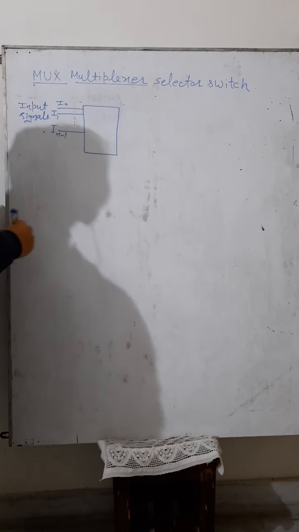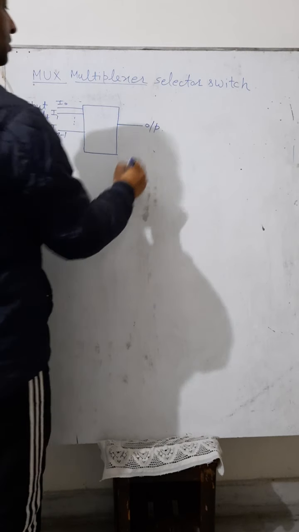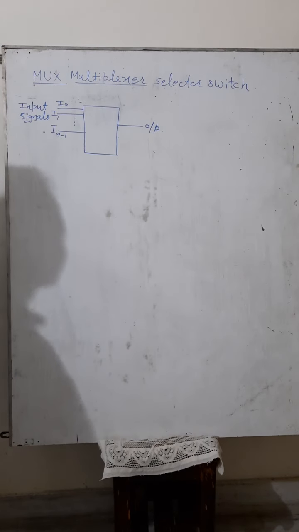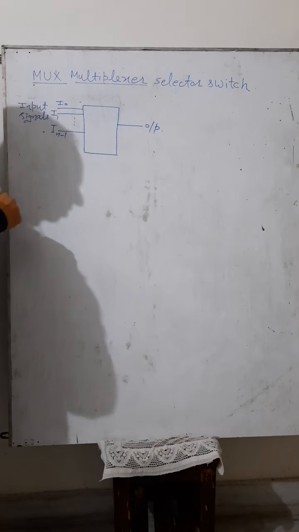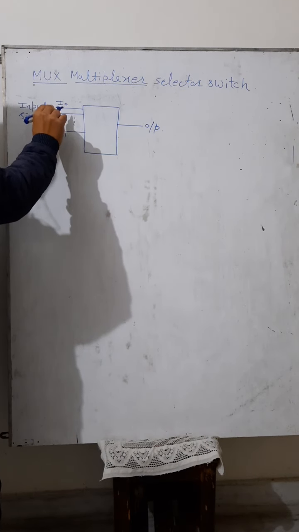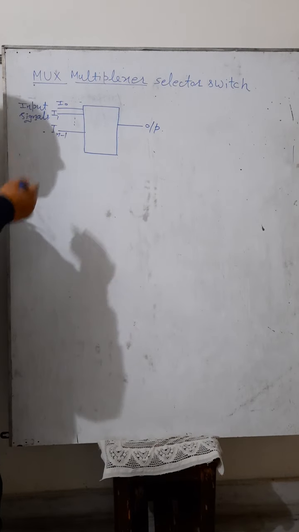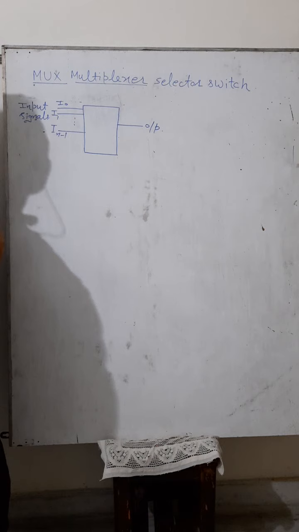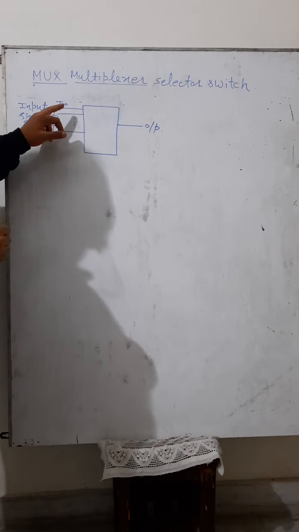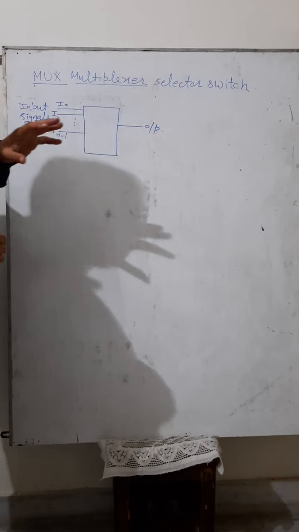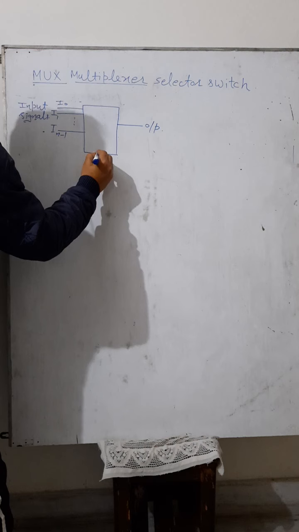Okay, and there is only one output signal. Out of these n input signals, only one input signal will go to this output, because the output available is only one. Okay, so out of these n signals, which input will go to this output depends on the select signals.